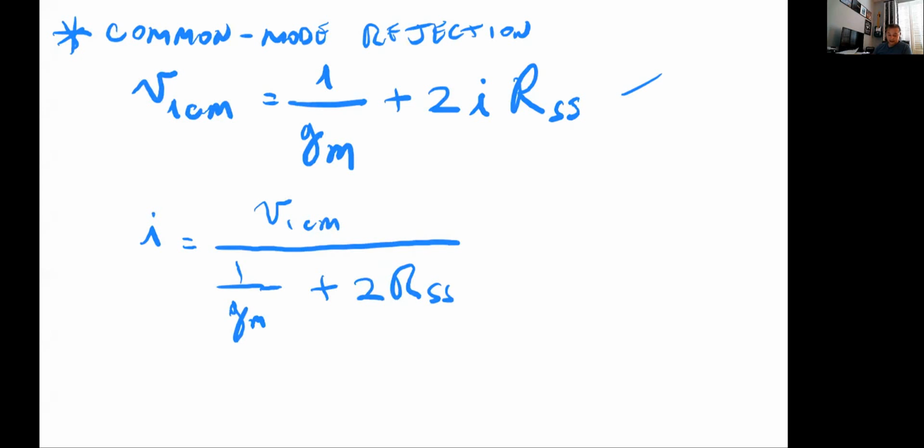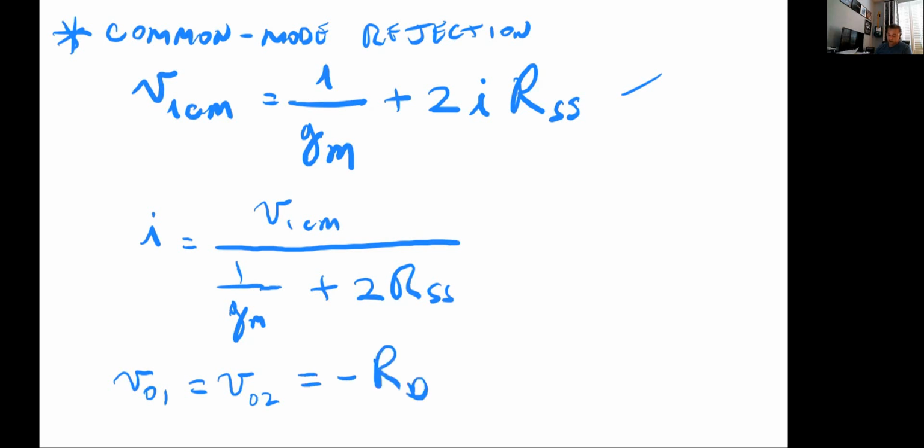So I can write that for output 1, which is the same as output 2, because that's what I want in a common mode condition, that there are no differences in the output, so my differential output voltage is 0, regardless of the input common mode voltage. That's the whole point.